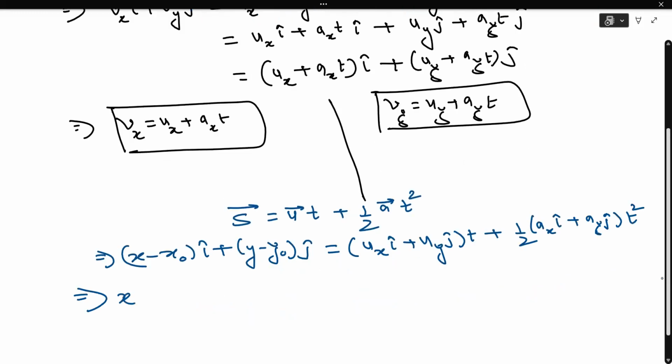What do we get? x minus x0 i cap plus y minus y0 j cap. Look, collect all the terms of i cap. In the first bracket, what is the coefficient of i cap? ux into t. Yes or no? In the second term, what is the coefficient of i cap? Half ax t square. Understood? Just like the previous case.